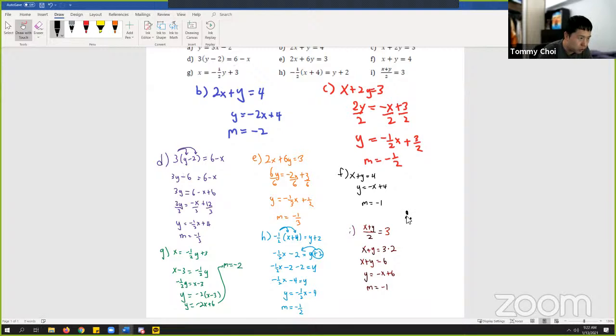So therefore, which ones are parallel? D and D are parallel. Yeah. Anything else?